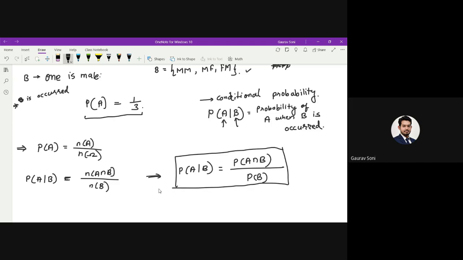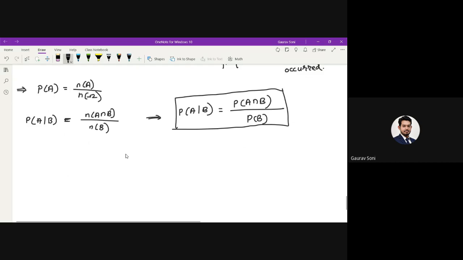So we'll write down a proper definition for conditional probability.